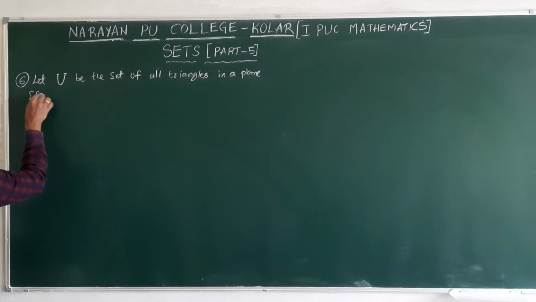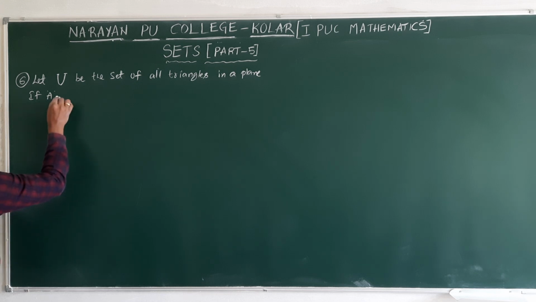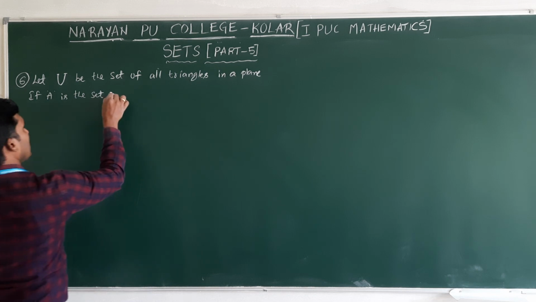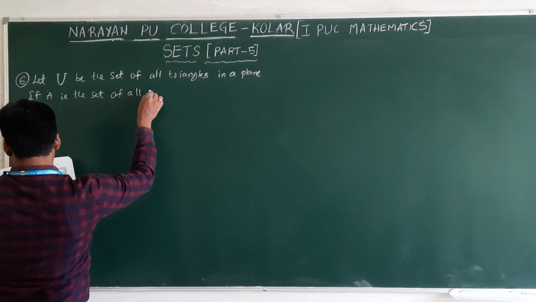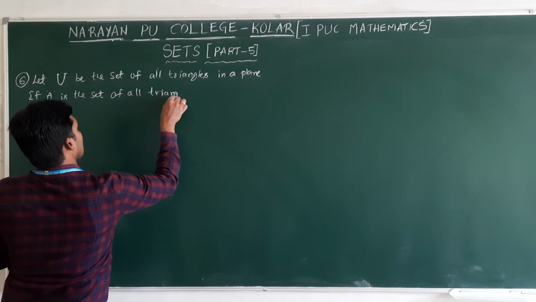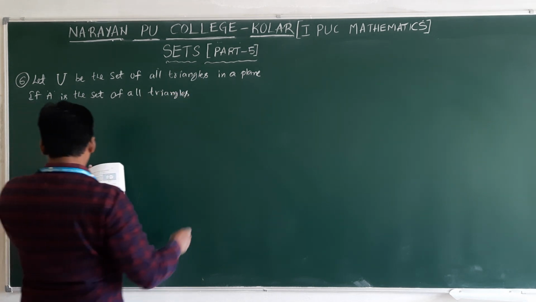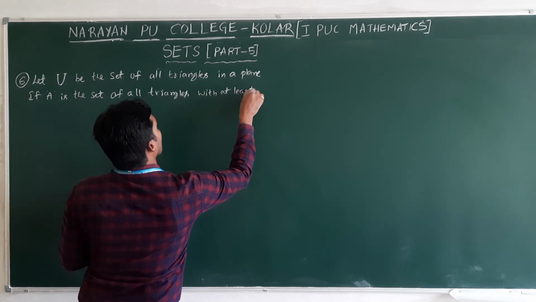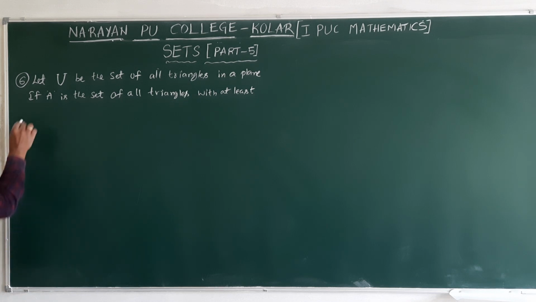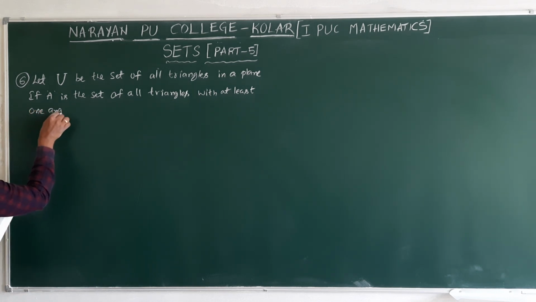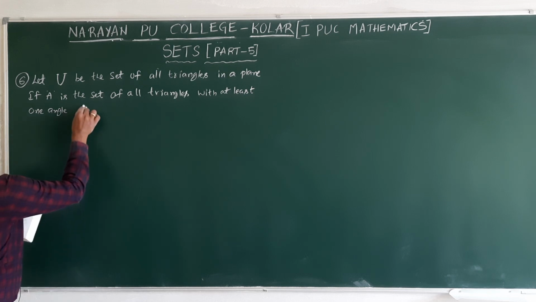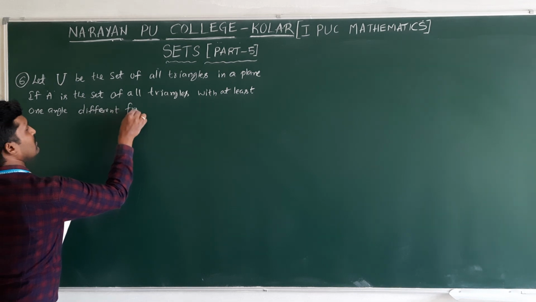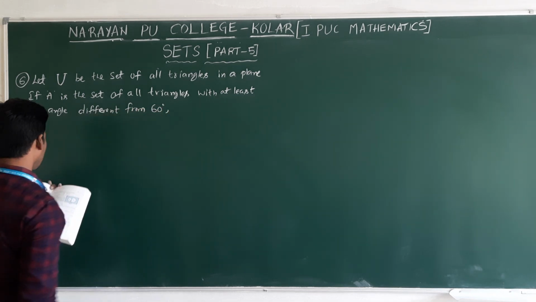First, if A is the set of all triangles with at least one angle different from 60 degrees.